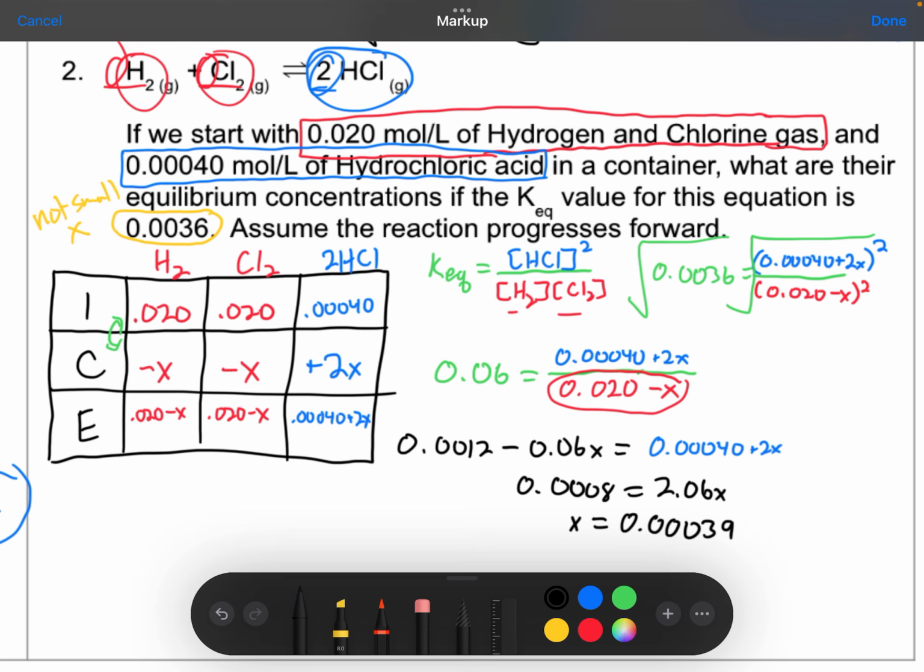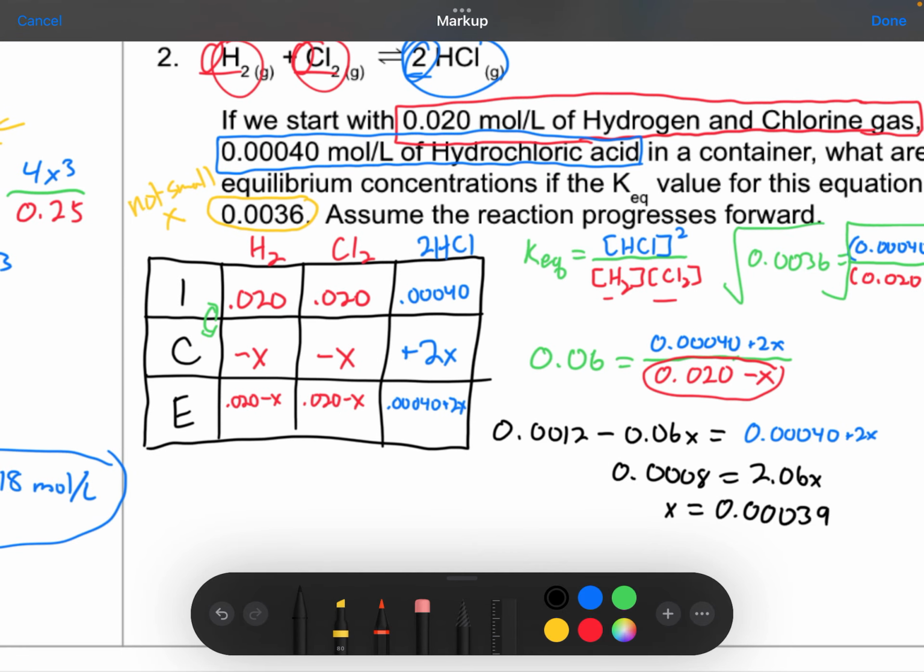It asks, what are their equilibrium concentrations? So I want the equilibrium concentrations for every single thing in this. So I'm going to go ahead and start with H2 and Cl2 because both of those have the same exact equilibrium expression in terms of x. So I can say that my H2 concentration and my Cl2 concentration are both equal to 0.020 minus my x value, which is 0.00039.